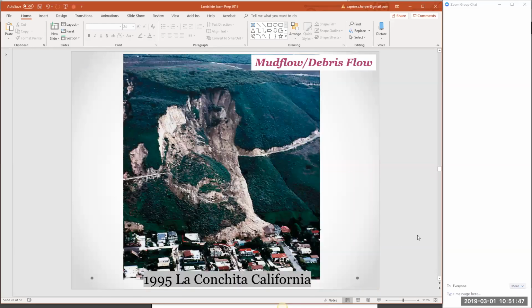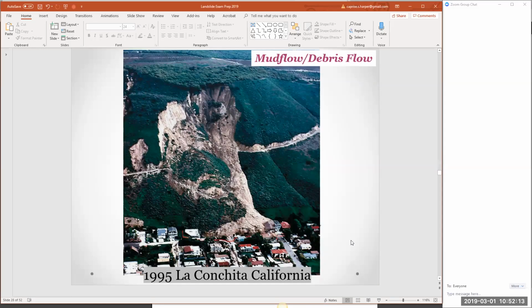They're especially dangerous. In your presentations, you'll learn about La Conchita, California. Technically, we would call it a debris flow. In 1995 was the initial debris flow that came down.